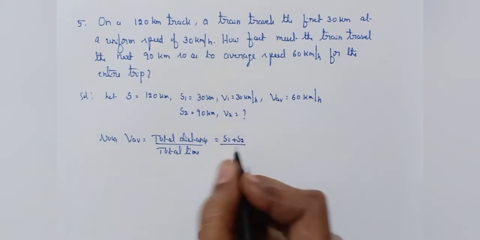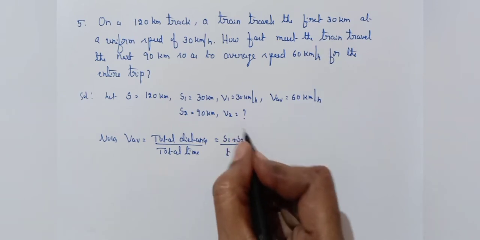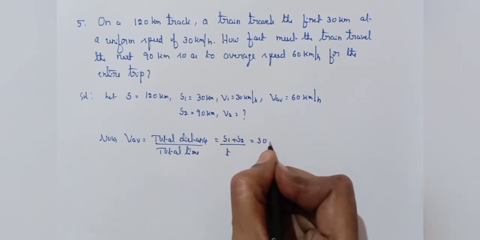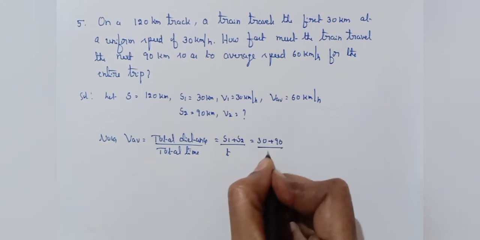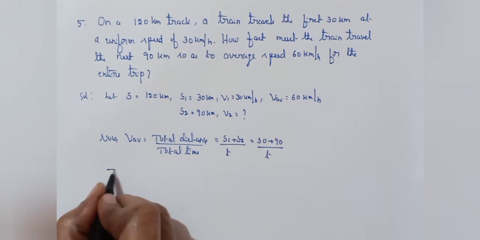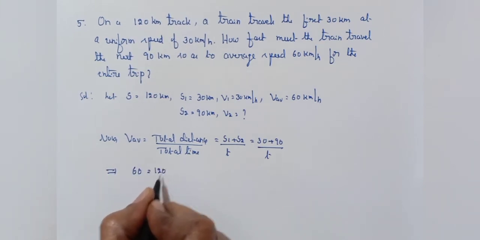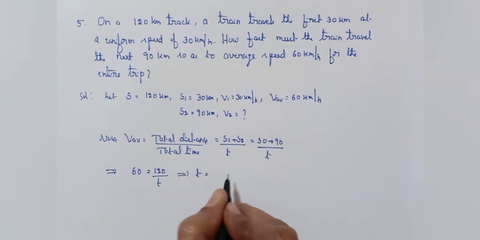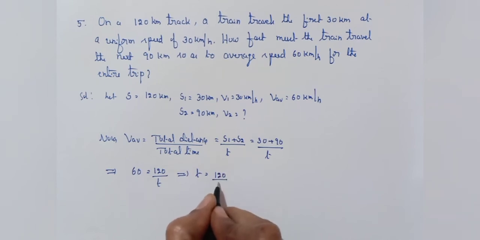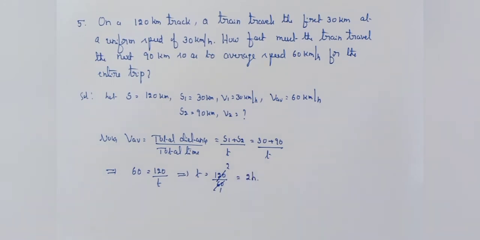Let the total time taken be T. That is 30 plus 90 by T. The average speed is given, that is 60. 60 is equal to 120 by T. Then take cross multiplication. T is equal to 120 by 60. 60 ones are 60, 60 twos are 120. So the total time is 2 hours.